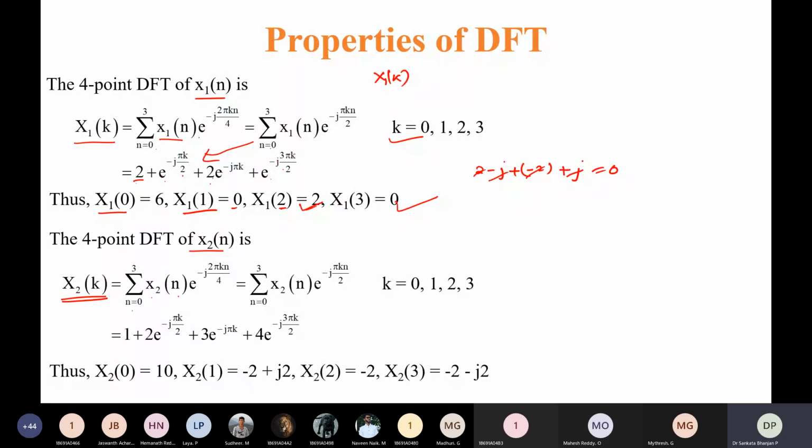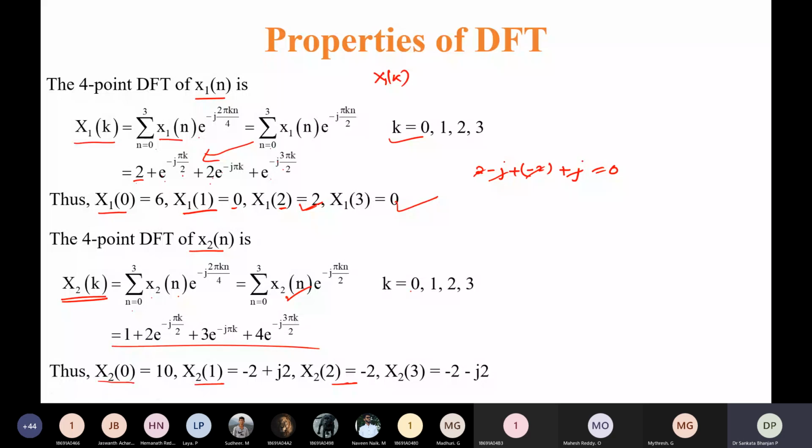Now expand this summation and substitute the individual values k is equal to 0, 1, 2, 3. We get x2 of 0, x2 of 1, x2 of 2, x2 of 3.